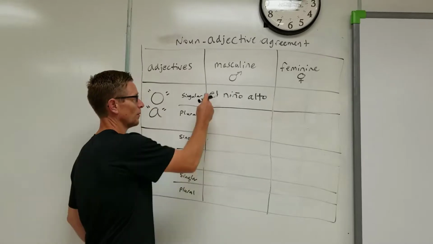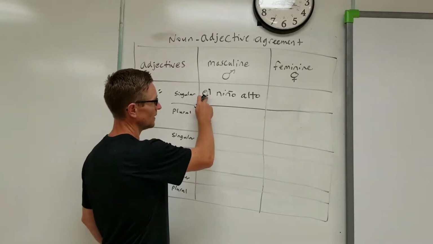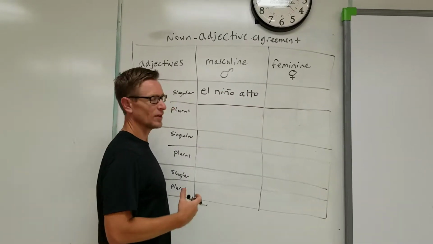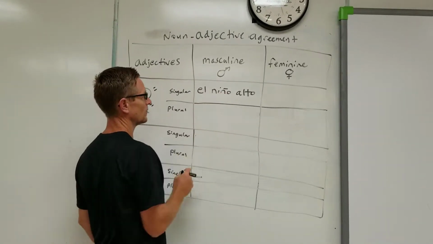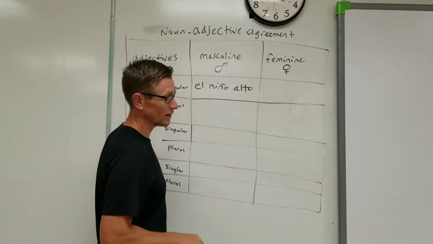Notice that we're going back to those definite articles. That means the tall boy. Notice that they have a different order when they speak. They don't say el alto niño. They say el niño alto, the boy tall. So that's how they do it.